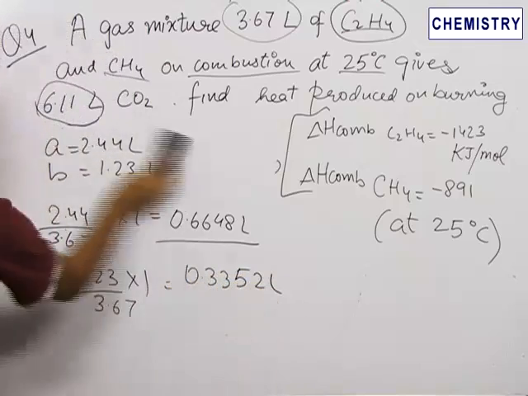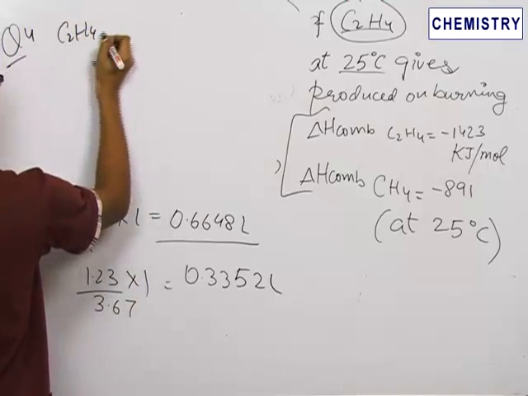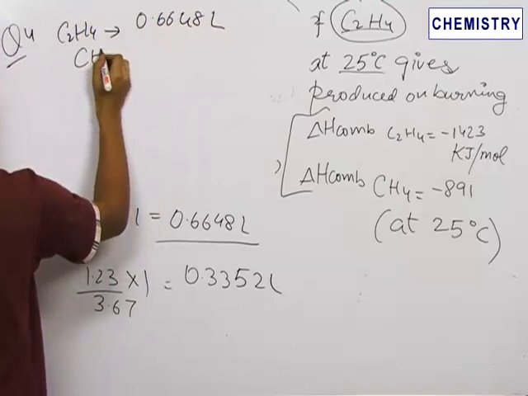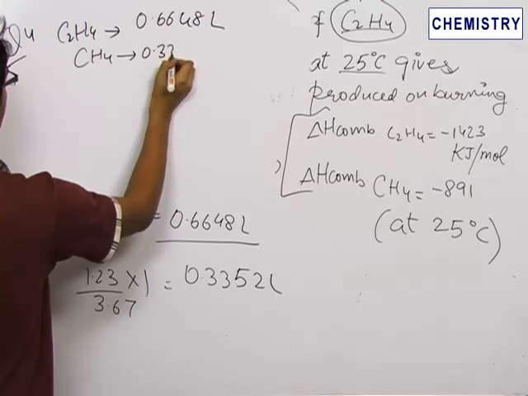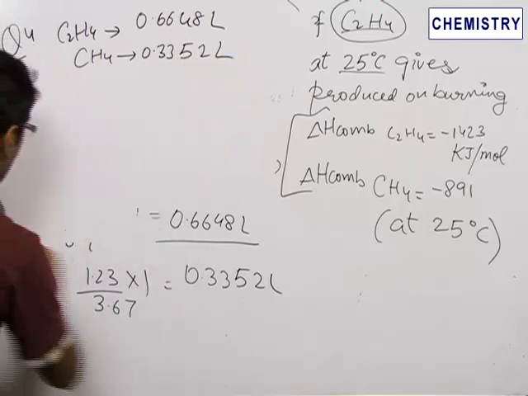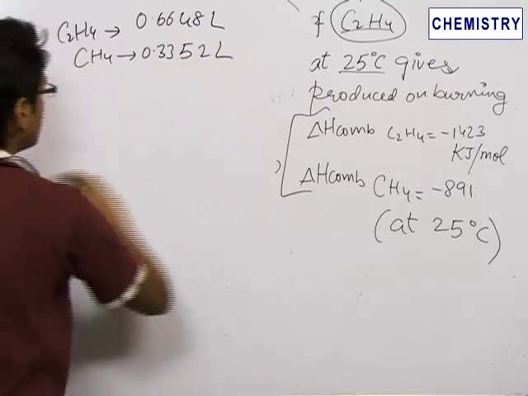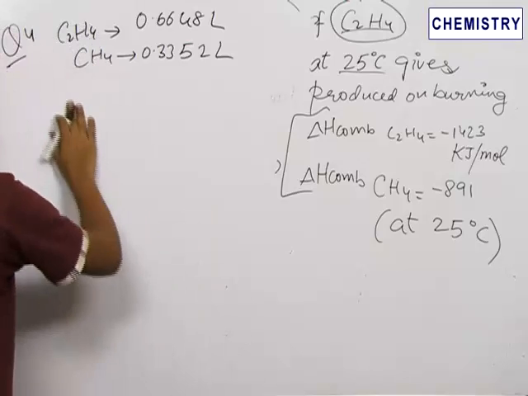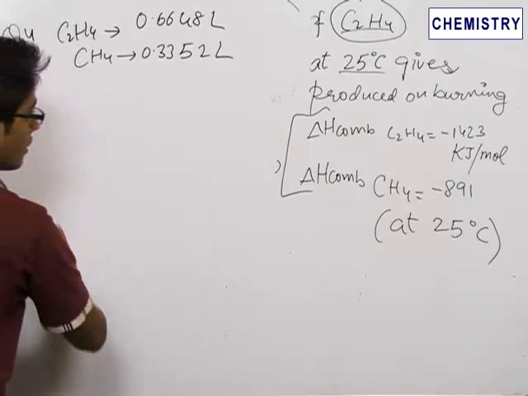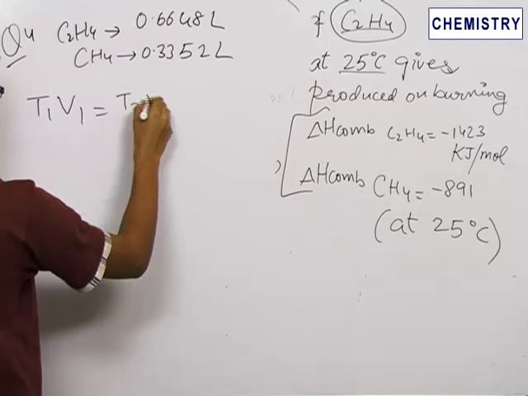Hence we have obtained the volumes of C2H4 present to be equal to 0.6648 and CH4 as 0.3352 liters. Now we need to find out the amount of heat released when 1 liter of this mixture is undergoing combustion. So now we'll apply the equation T1 V1 equals T2 V2.